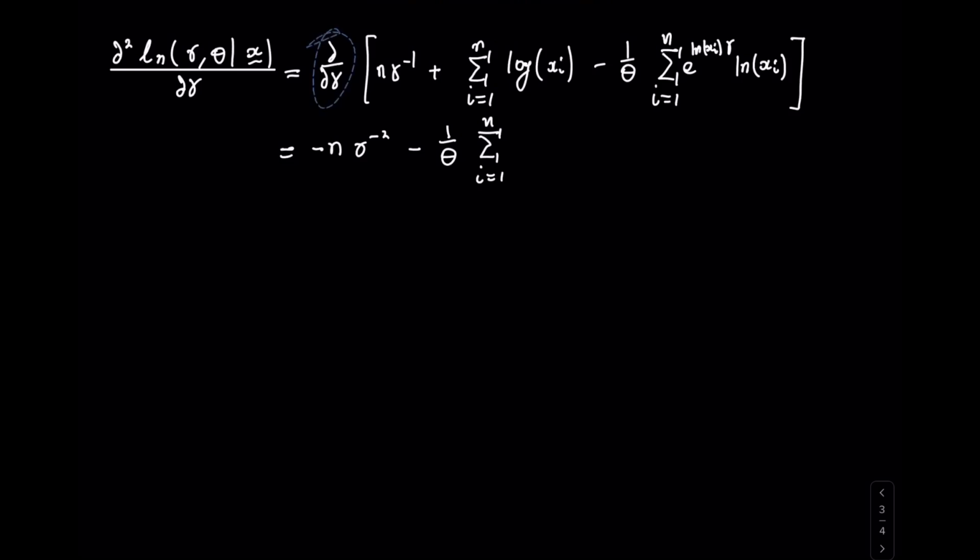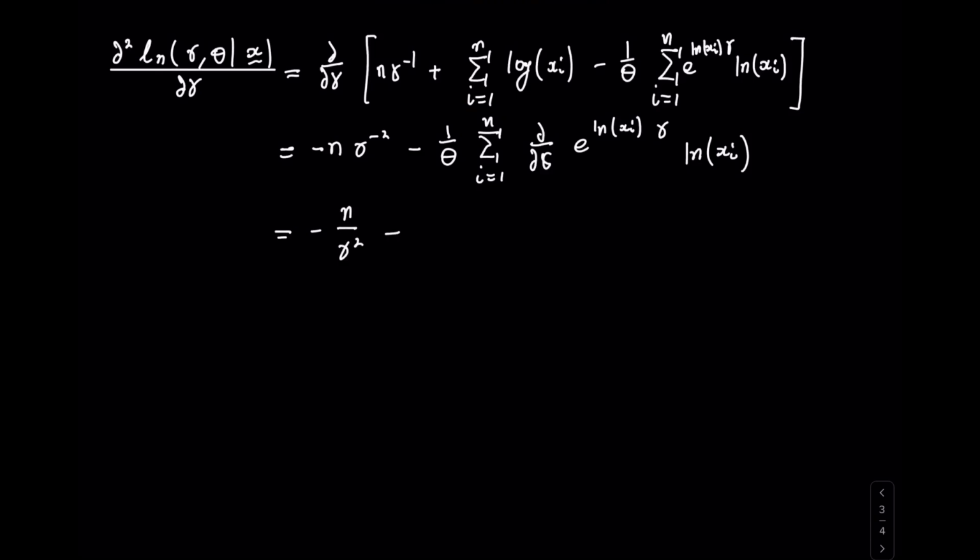Again, we can take that partial derivative through the scaling factor and through the sum to give us d on d gamma of e to the ln xi gamma ln xi. And in this particular instance, the first term at least nicely simplifies to n over gamma squared, which is nice.